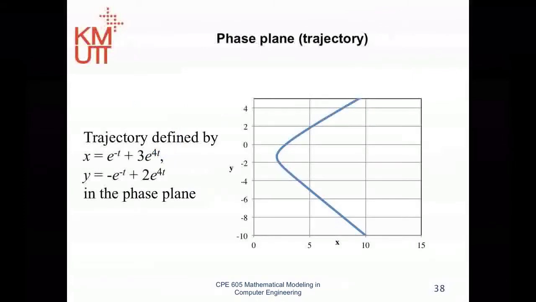Plotting them on the same plane, we create something called a phase plane. This is very similar to the phase line we discussed last time. A phase plane will indicate the trajectory or the change of the populations when we plot them together.